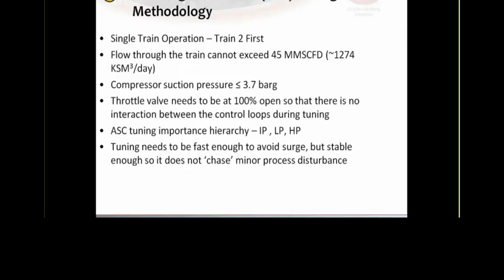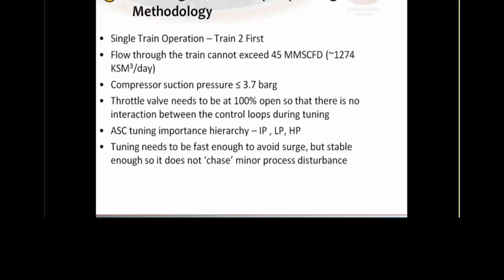If you try a conventional tuning method where you tune the LP, IP, and HP in chronological order, it doesn't work. It's because the system, both upstream and downstream, are unstable. And if none of your stages are actually tuned, you could never achieve any good level of tuning for any one of the stages. So this was the only way we could tune it properly.